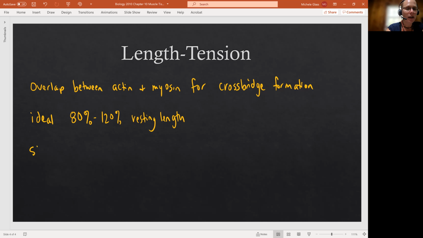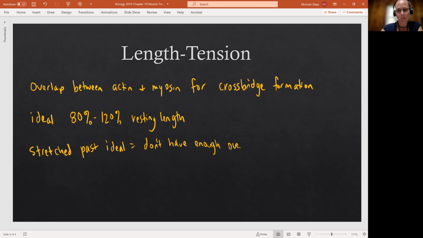So if it's overstretched, if it's stretched past that ideal, that means you don't have enough overlap in order to get to that cross bridge formation. Now, usually this doesn't happen.